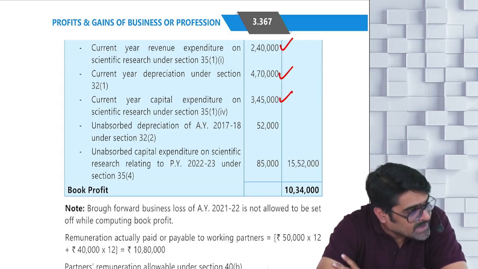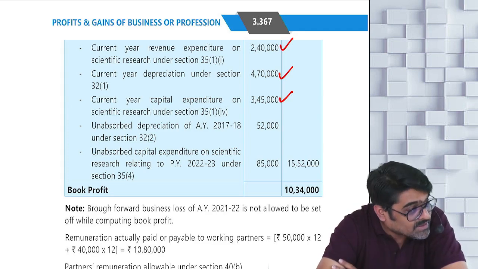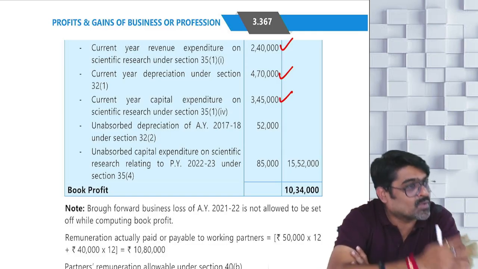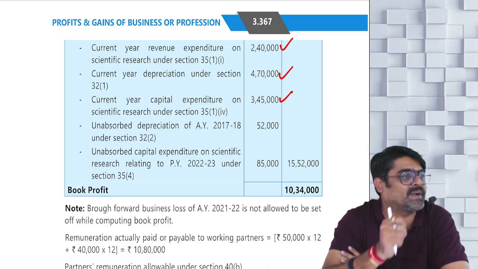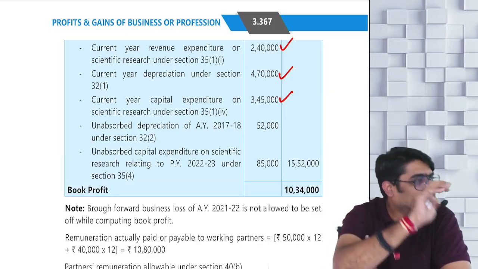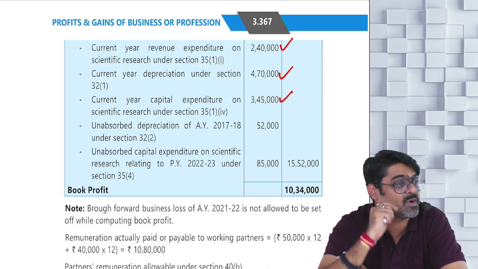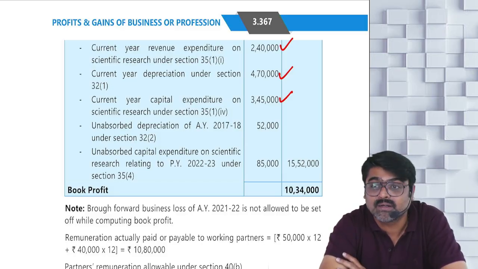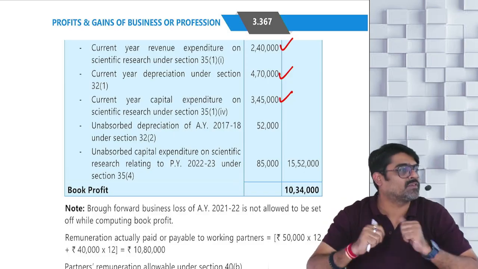So all the deductions available under section 32, 37(1) are to be allowed as a deduction to calculate your PGBP income, and that covers your unabsorbed capital expenditure and unabsorbed depreciation also. But that will not cover the brought forward business losses, because they are not to be considered to calculate your business profits of this year.